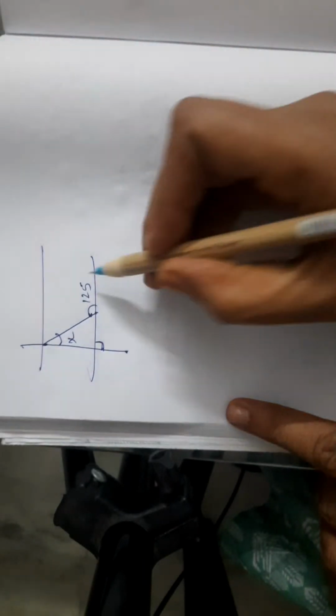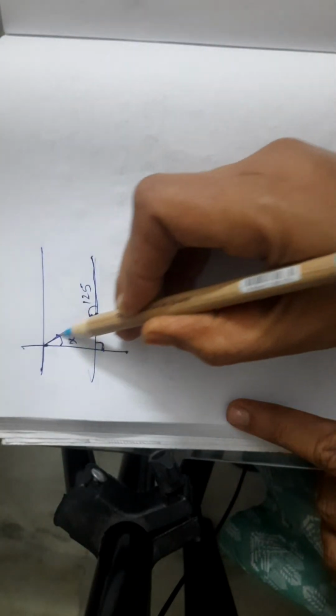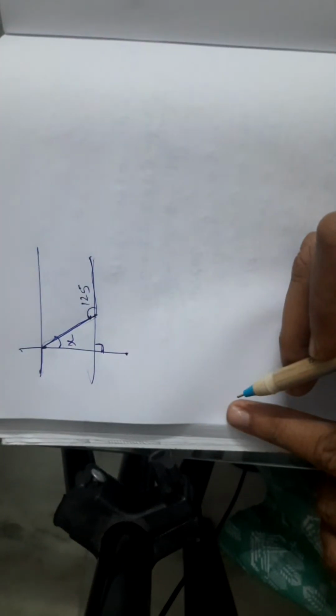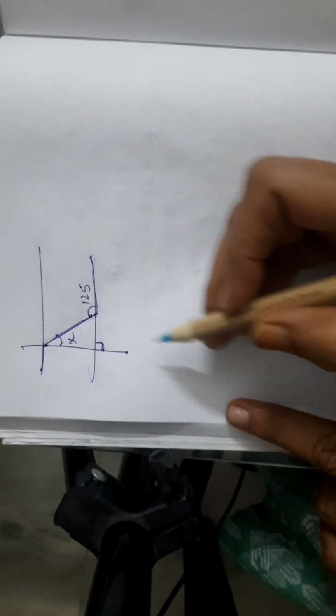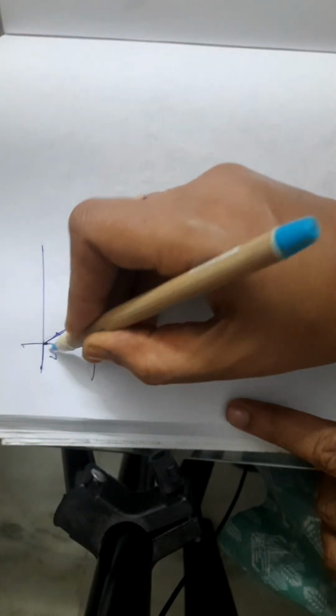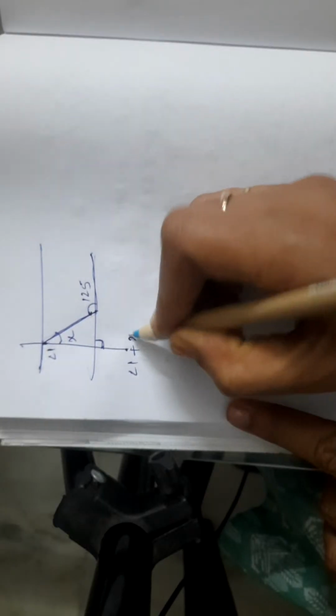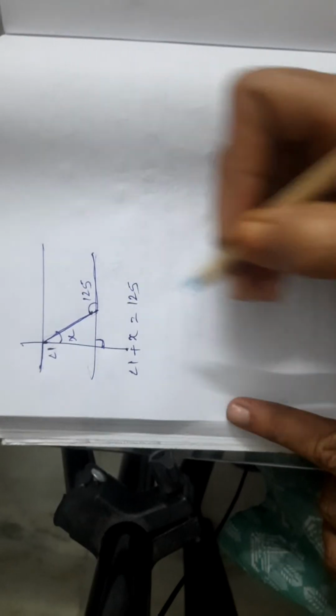As this is a perpendicular line, we have a straightforward question here. There is a formation of Z. You can see here the Z formation. As Z formation is there, we call this an alternate angle. If I consider this to be angle 1, angle 1 plus x is 125.